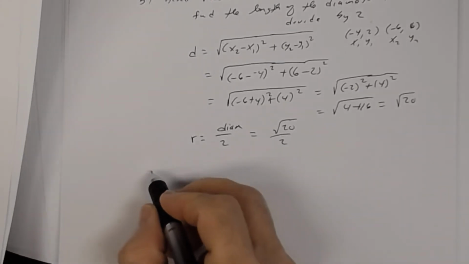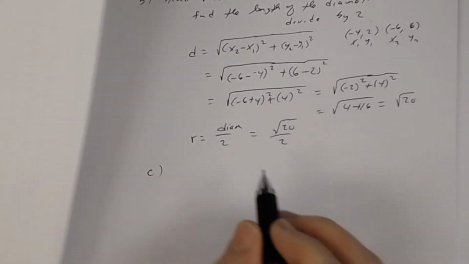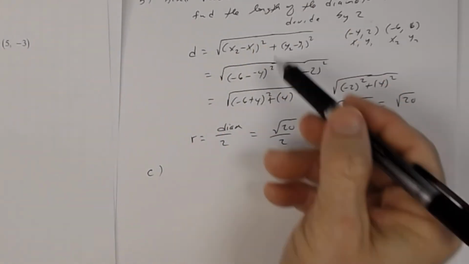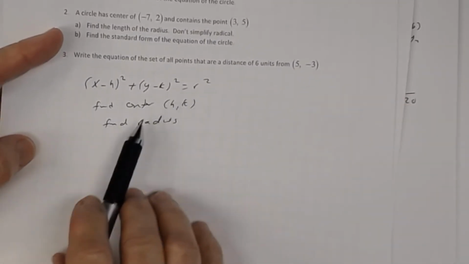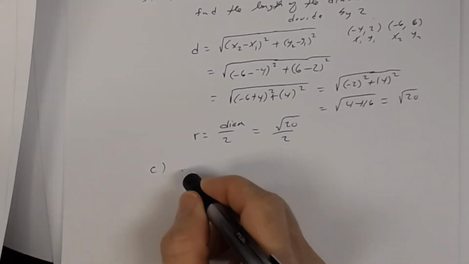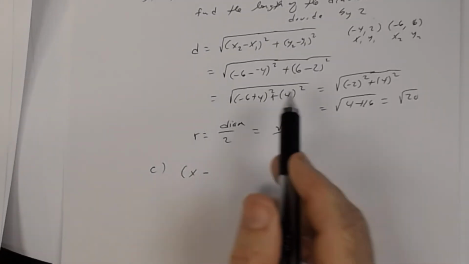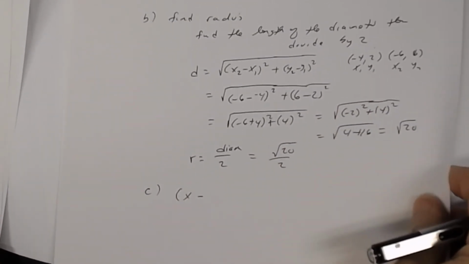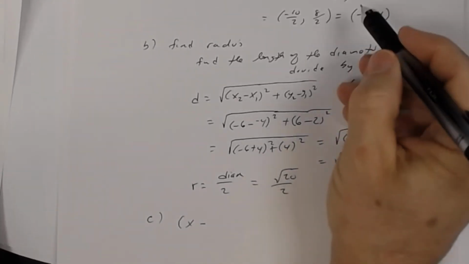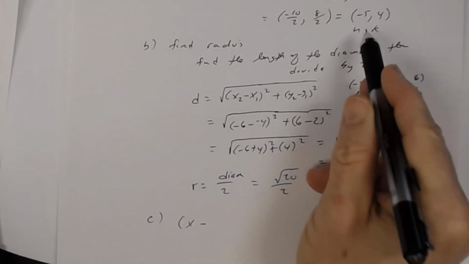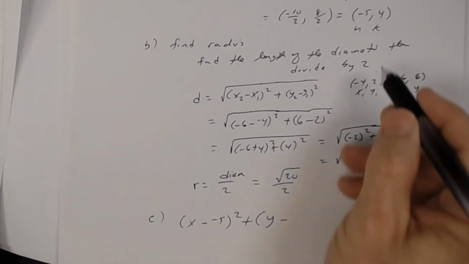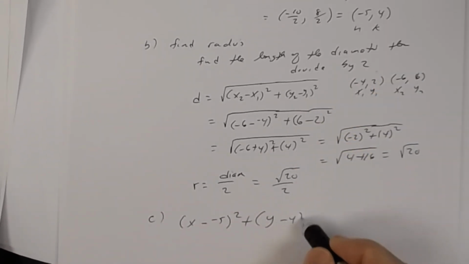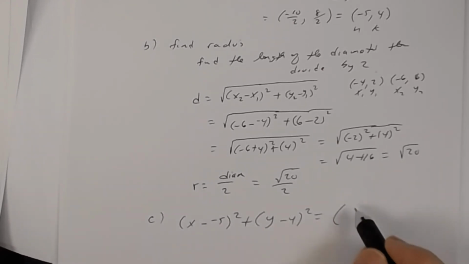Okay, so here's part C. Now for part C, you're going to take all this information and plug it back into your formula. You found the center, you found the radius. So now we get x minus h. Remember up here, this is your h, this is your k. So h is negative 5 squared, plus y minus k, which is 4 squared, equals the radius squared.